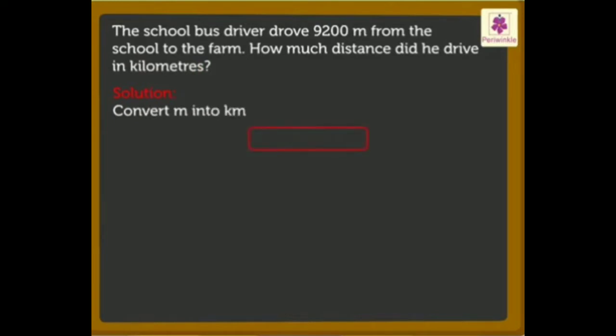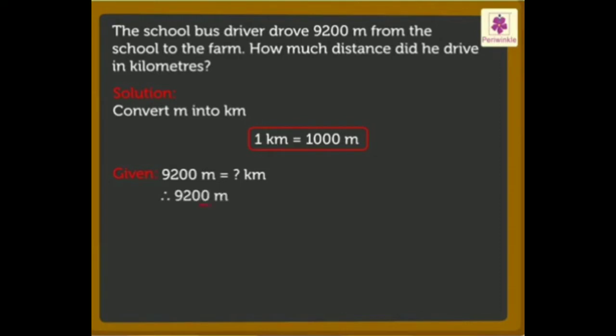We already know that 1 kilometer is equal to 1000 meters. Here, we have to convert 9200 meters into kilometers. Look at the number 9200.